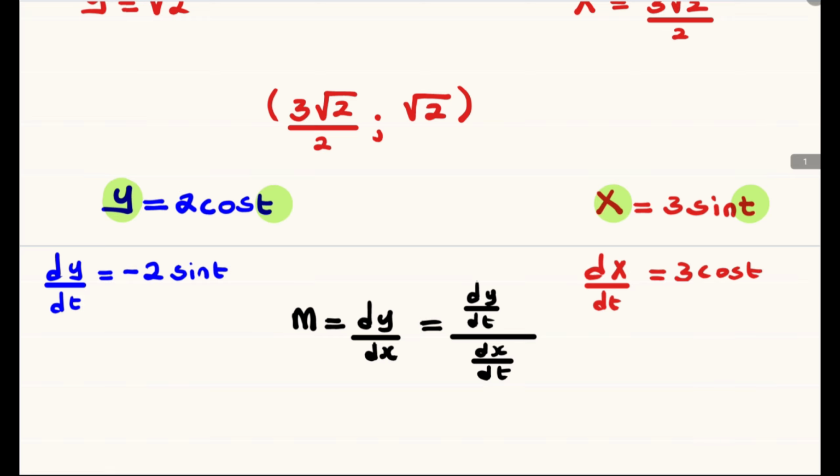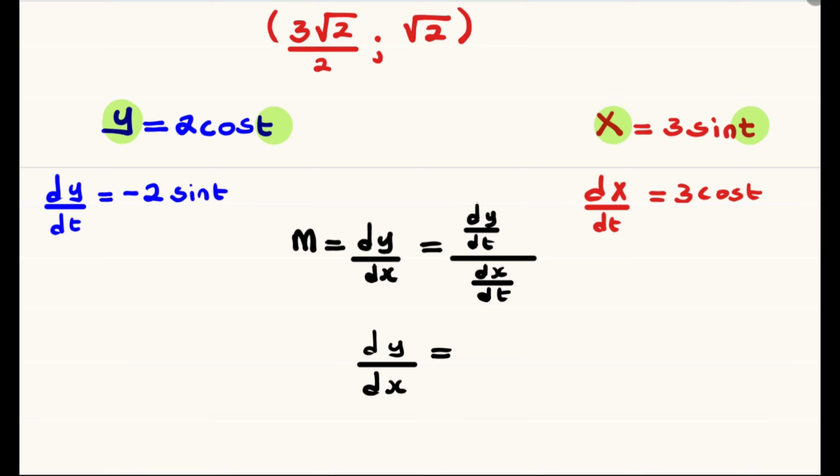So the dy divided by the dx will be equal to the derivative of the y with respect to t divided by the derivative of the x with respect to t. We already determined the dy divided by dt as negative 2 sine t and the dx divided by dt as 3 multiplied by the cos of t.